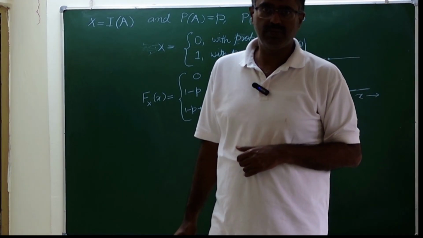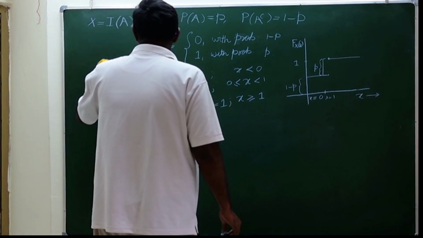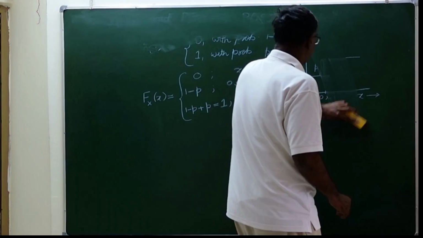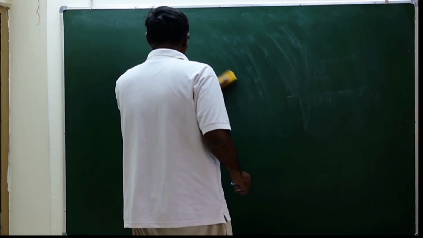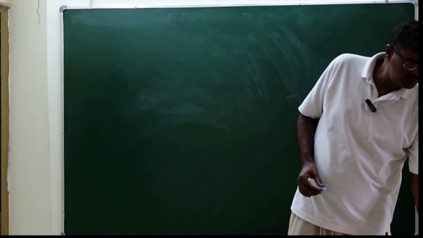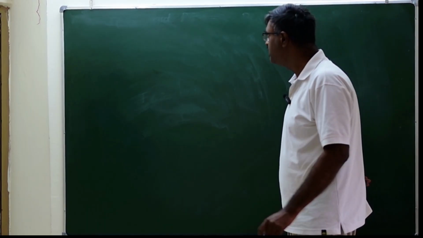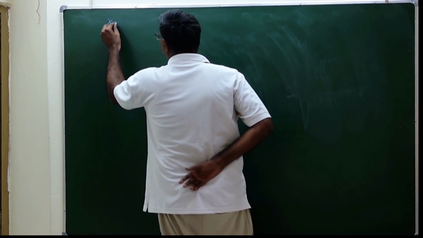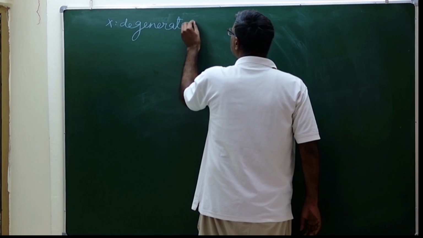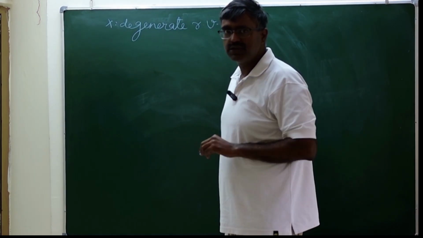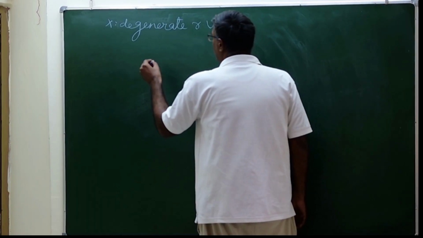Now let's move to another example. Suppose X is a degenerate random variable. What is the property of a degenerate random variable? For a degenerate random variable, X is allowed to have only one possible value, say c.